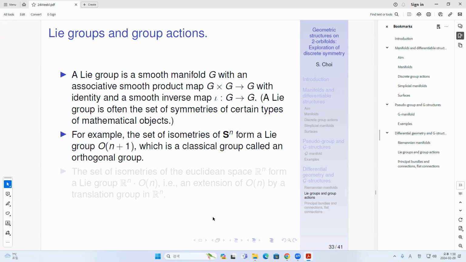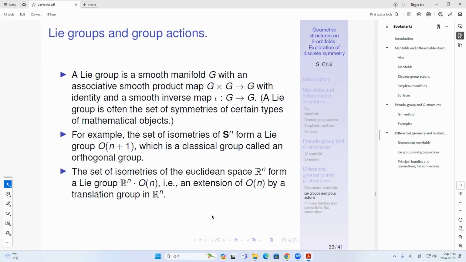For example, the set of isometries of Sn forms the Lie group O(n+1), a classical group called the orthogonal group. The set of isometries of Euclidean space forms a Lie group Rn dot On. It is an extension of On by the translation group Rn. Of course, this is a semi-direct product, with Rn as the normal subgroup.